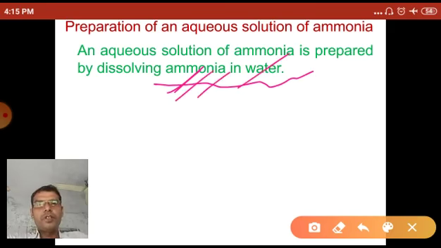When ammonia dissolves in water, it creates a back suction, because the rate of dissolution of ammonia is higher than its formation. So directly dissolving ammonia in water is dangerous due to the back suction.